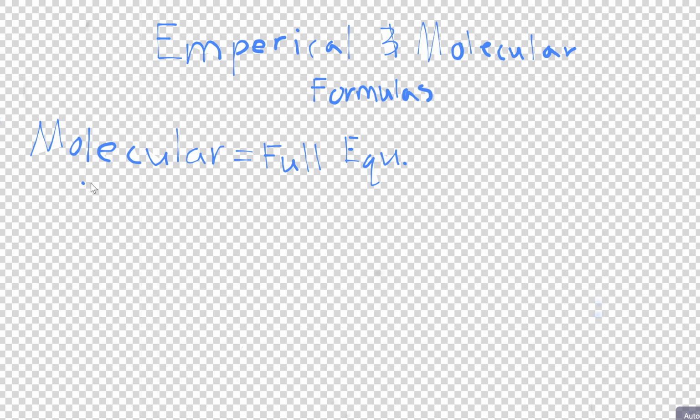And then the empirical formula is equal to a simplified version.